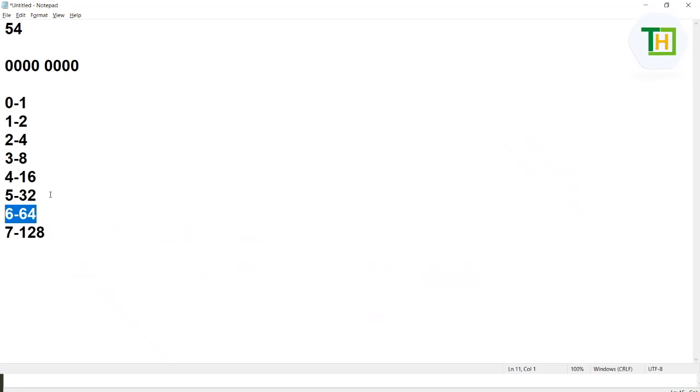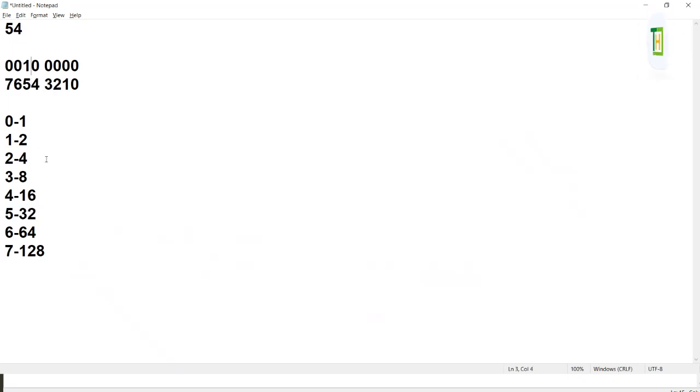No, we are not going for 64. We have to go for 2 power 5 only. Where is 2 power 5? I'm going to write here 0, 1, 2, 3, 4, 5, 6, and 7. Now, 2 power 5 is here, right? I'm going to put 1 at this position.